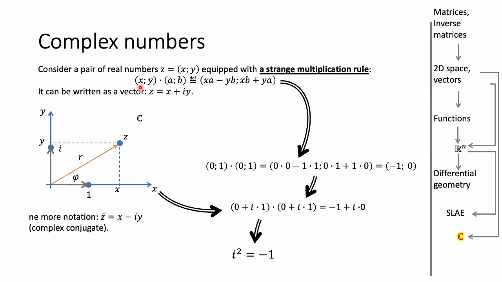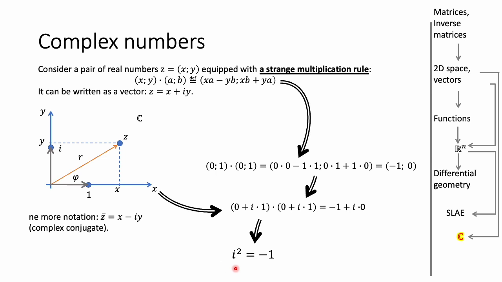And using this notation here, that z equals x plus iy, well, here must be 1 times x plus iy, essentially, but no one writes 1 in multiplication. So using this notation, one can convert this formula into an equivalent one: 0 plus 1 times i, times also 0 plus 1 times i, equals negative 1 plus 0 times i, which essentially means that i squared equals negative 1.